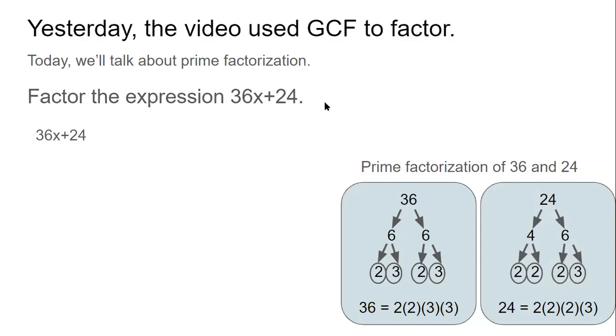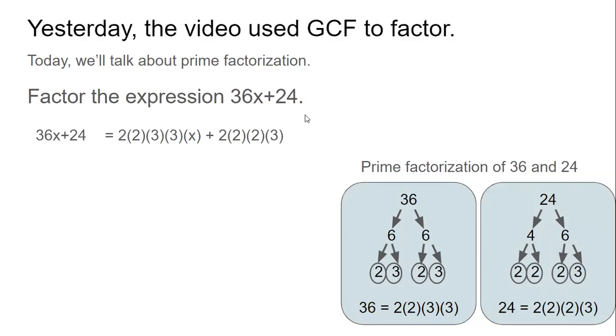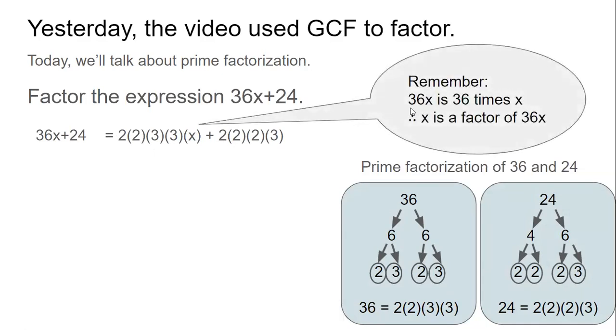Okay, so I'm going to use that information. I'm going to rewrite my expression as a prime factorization. I just took everything in the boxes in the bottom right corner, and I just substituted it in for 36 and for 24. I want you to remember 36x is 36 times x, and so x is a factor of 36x.